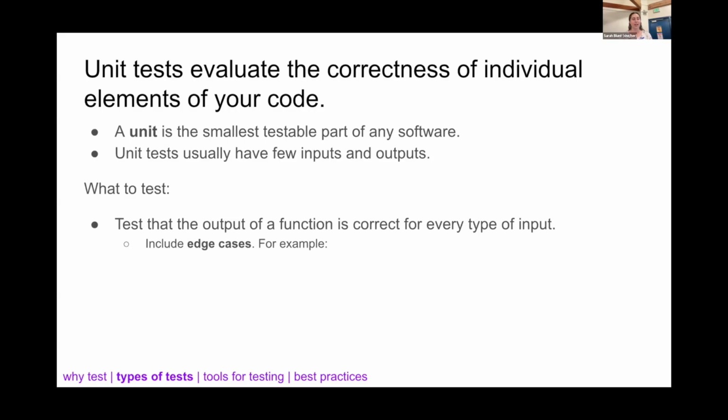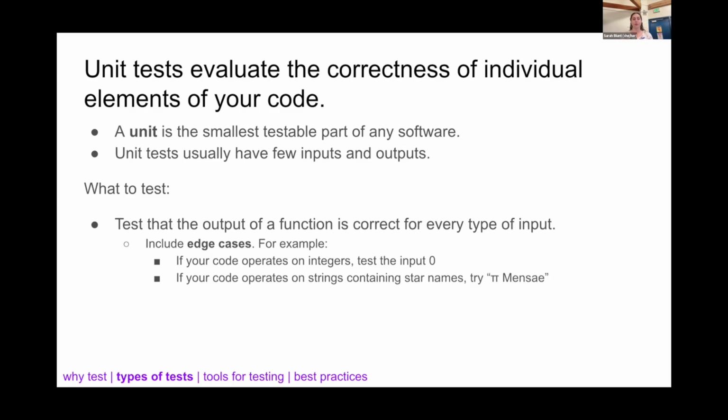It's really important to include edge cases. So for example, if your code operates on integers, make sure you test the input 0. Sometimes 0 behaves strangely. If your code operates on strings, try testing weird strings. So for example, pi mense, since you might have non-ASCII characters.